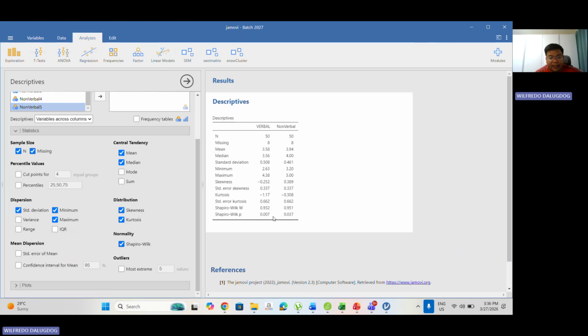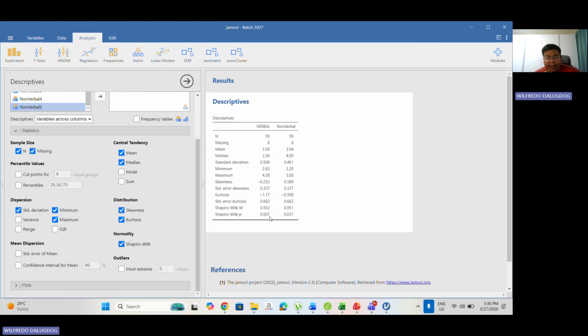As you can see, for verbal sexual harassment, the p-value of the Shapiro-Wilk test is 0.007, which is less than 0.05. Basically, to be normal it must be greater than 0.05.